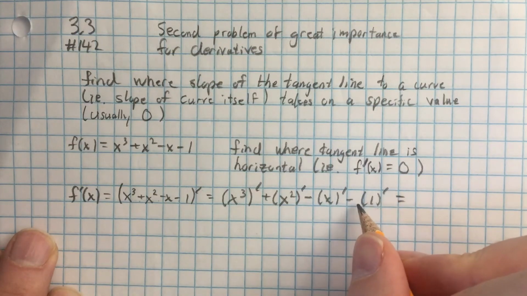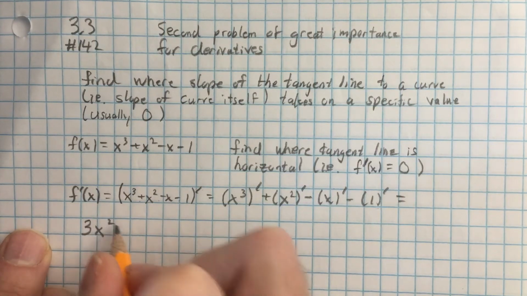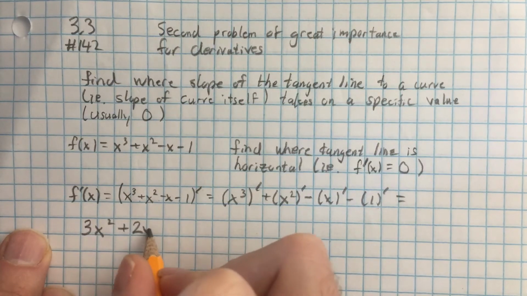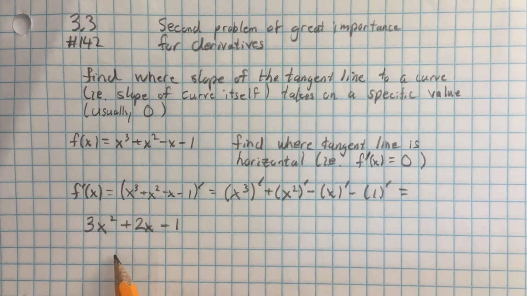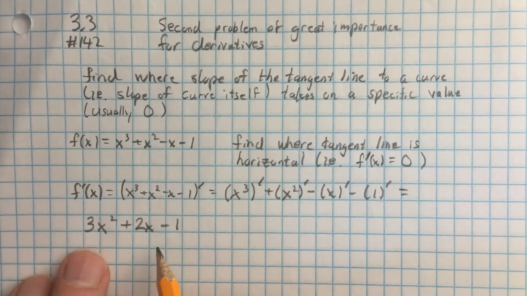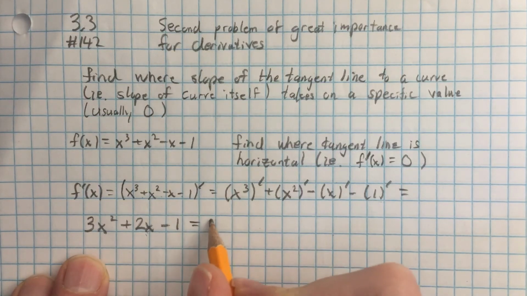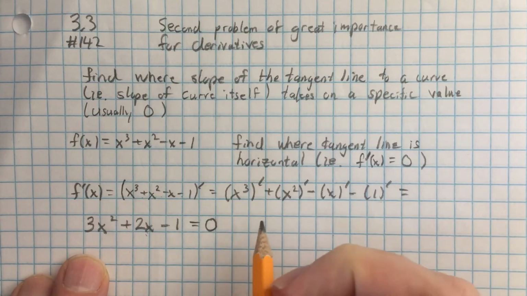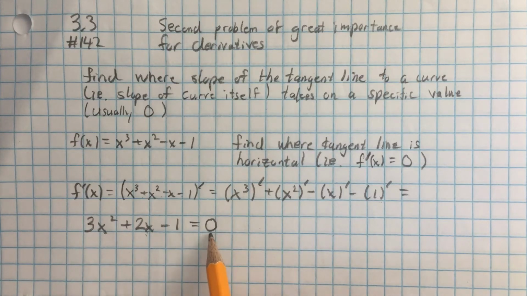So this goes to 0, and the other ones become 3x squared plus 2x minus 1. So there's our slope for this function anywhere on the curve. And now we just want to find out what x values will make this slope 0. Okay, so there again, there is f prime equal to 0, slope of tangent line, slope of curve equal to 0, implying a horizontal tangent there.